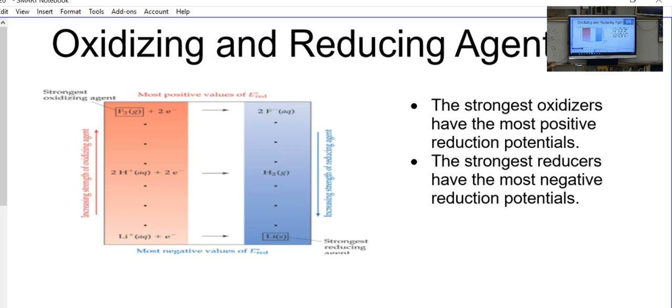Oxidizing and reducing agents. The strongest oxidizers have the most positive reduction potentials. That means the biggest losers will lose the easiest. Shocker. And the strongest reducers have the most negative reduction potentials.